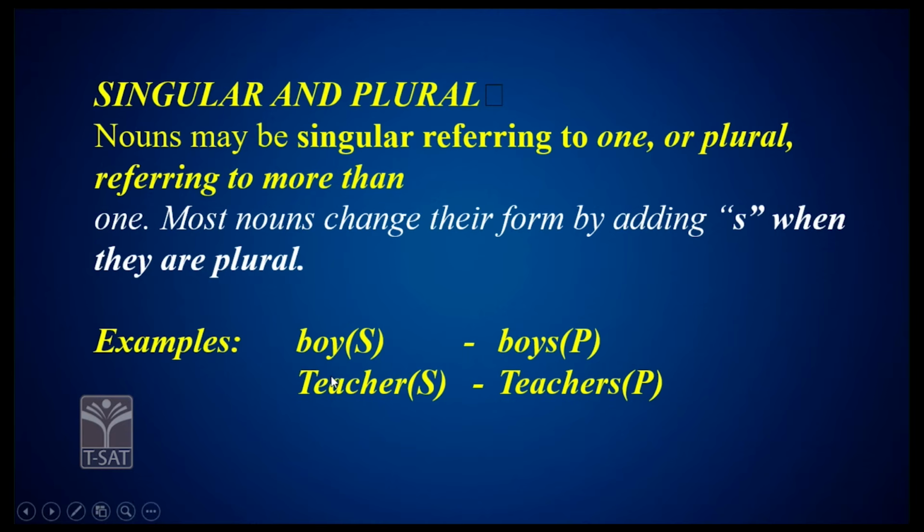You see, boy is singular, S stands for singular. Boys, P stands for plural. Teacher is singular, teachers is plural. Just like that, we have added s to teacher and boy so that they become plural. In that way, we can identify the difference between singular and plural.